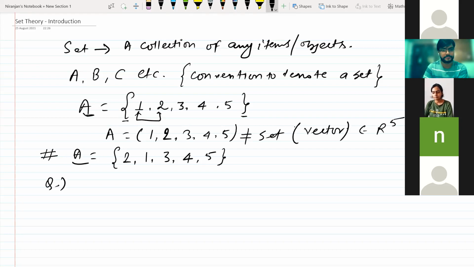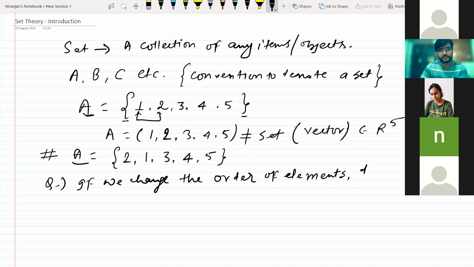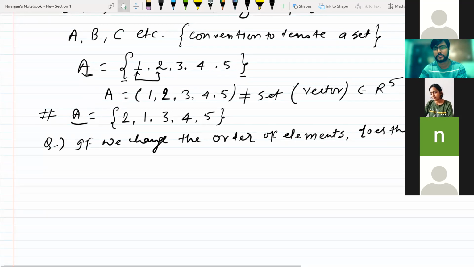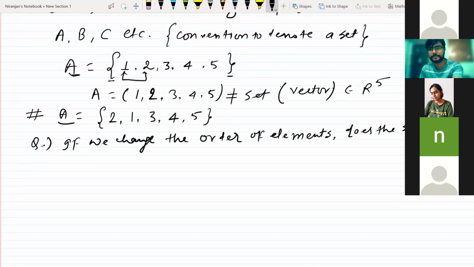let me write this question: does this set change?